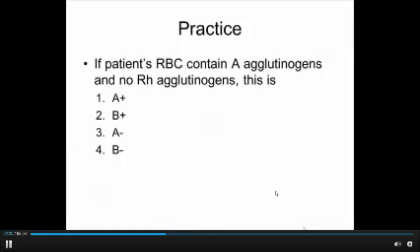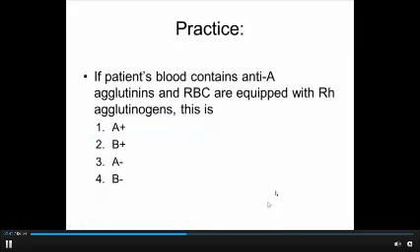Your patient's red blood cells contain A agglutinogens and no Rh agglutinogens. So A agglutinogens means blood group A. No agglutinogens of Rh type means negative Rh, right? So it's A negative.